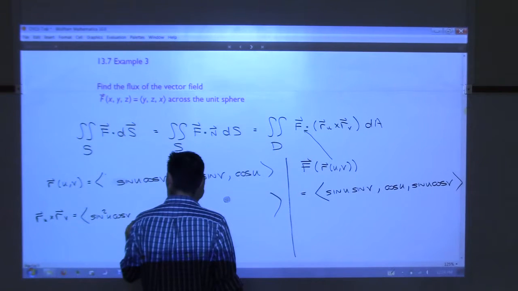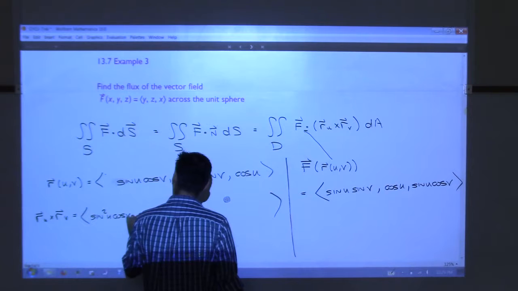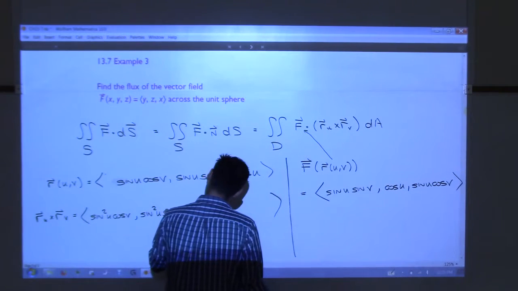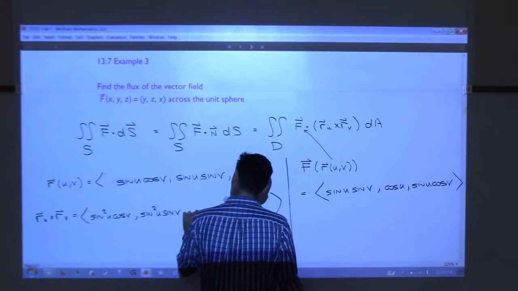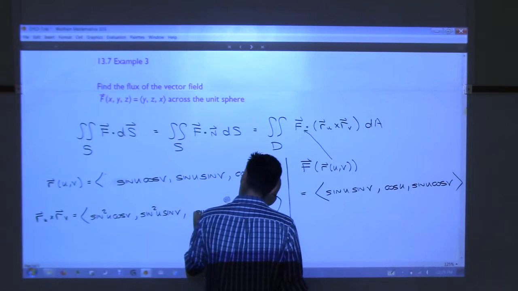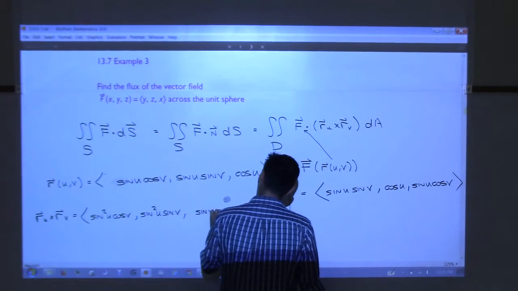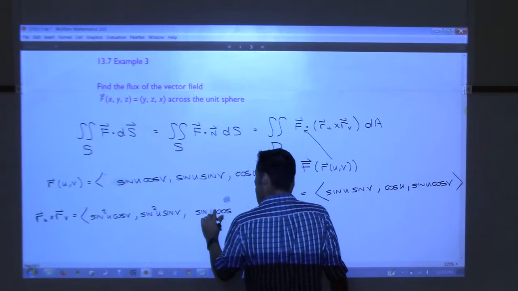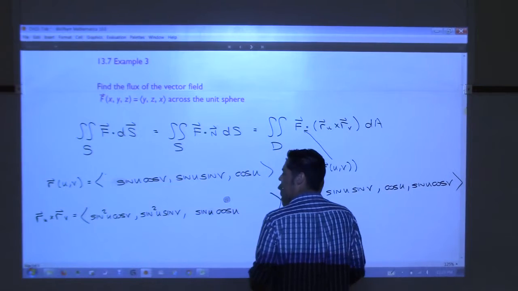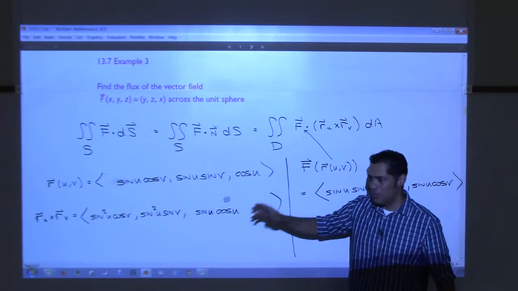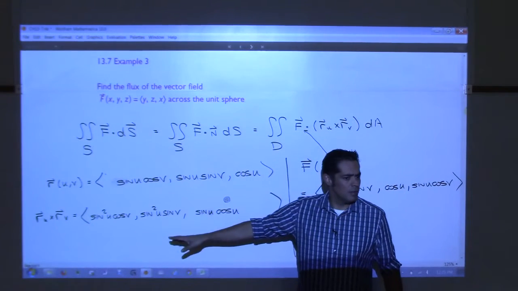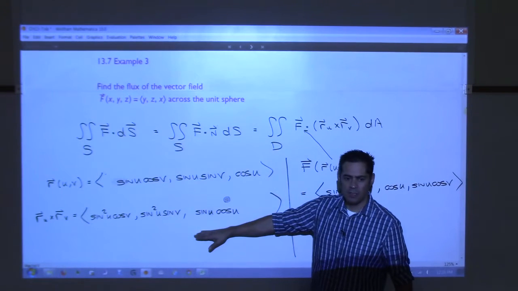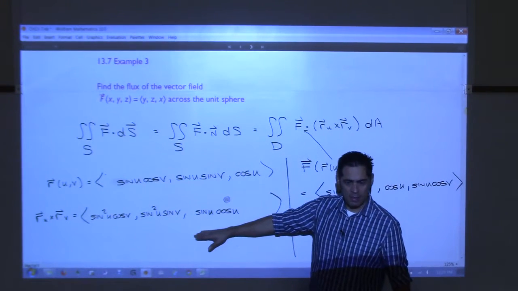Are we in the next component now? Yes. Sine squared u sine v. Then cosine u sine u, I think. Everyone check in their notes. We should have at some point done r_u, the partial of r with respect to u, cross the partial of r with respect to v, and got this. Do y'all see that? Yes?